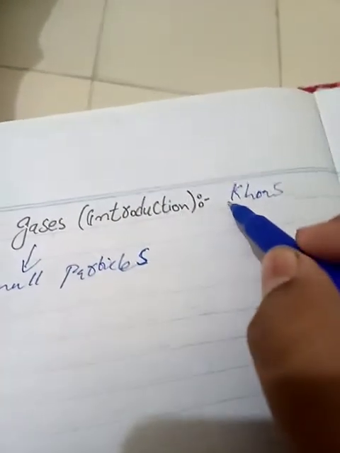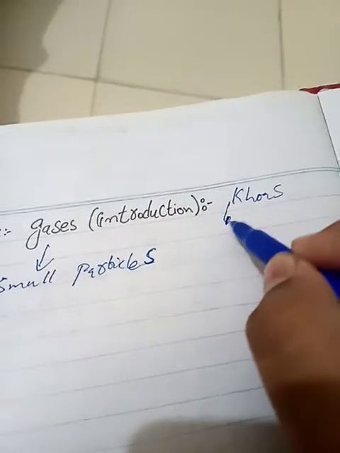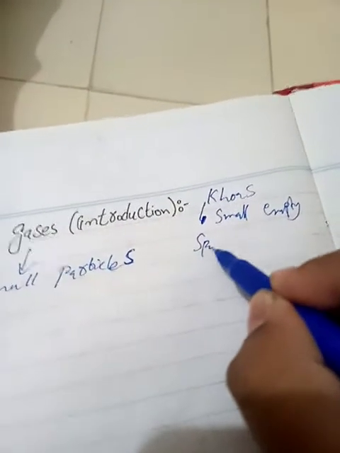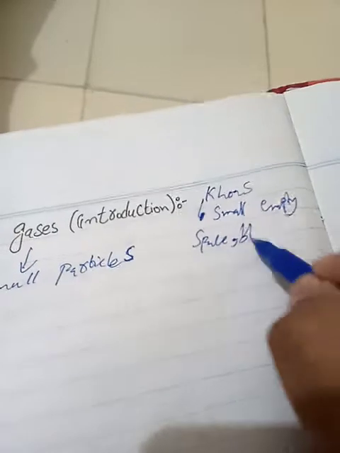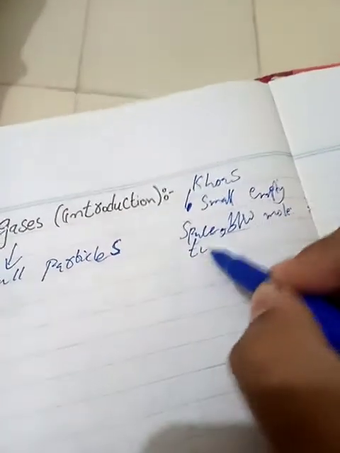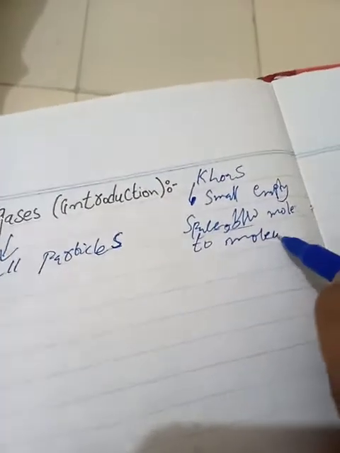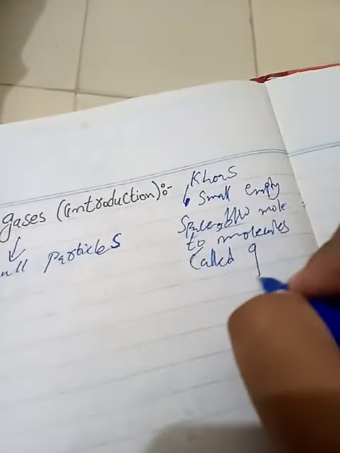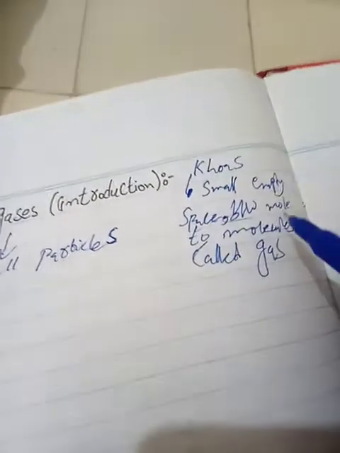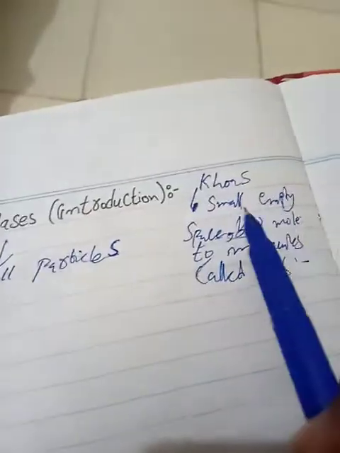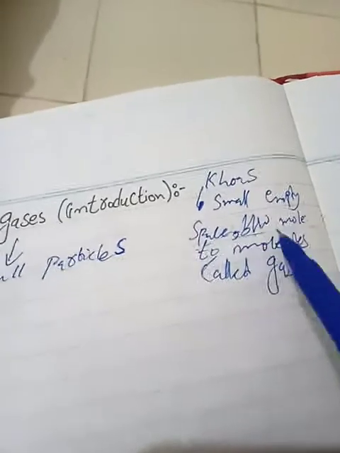This word was derived from chaos, which is defined as a small empty space between molecules to molecules, called gases.